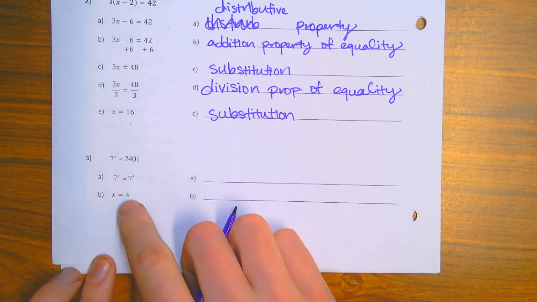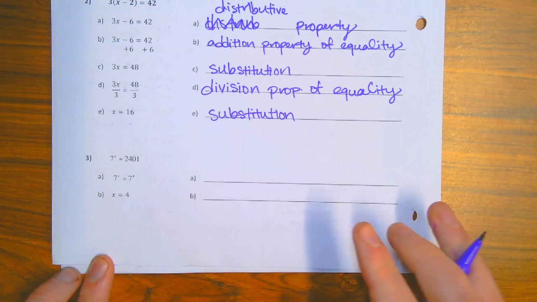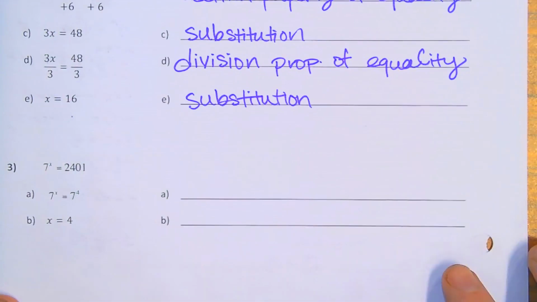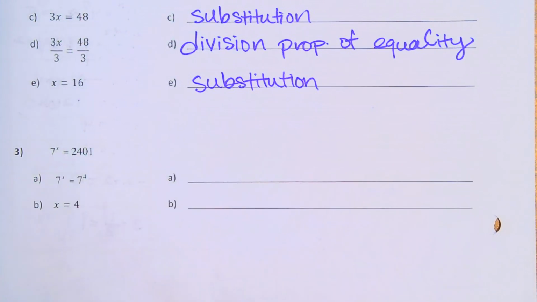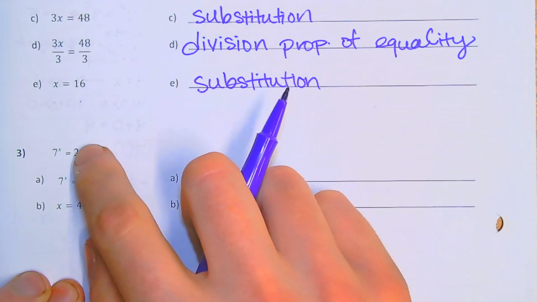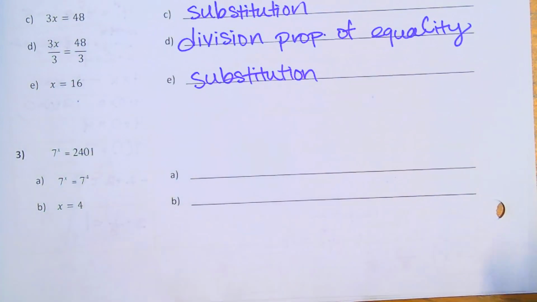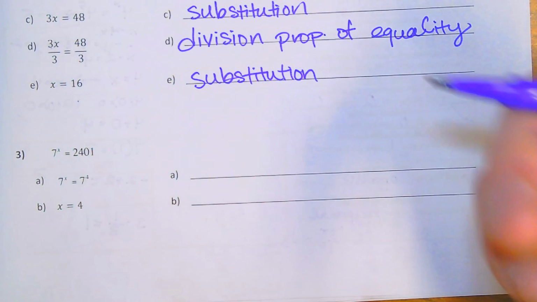Now this is a little bit different, but it's a very short problem. What is it actually doing? Here, I'm going to zoom in just so you guys can see a little bit better what it looks like. We have 7 to the x equals 2,401. And what they're doing here is a little bit different. Remember, what does substitution mean? Substitution means that you're substituting something with equal value in.